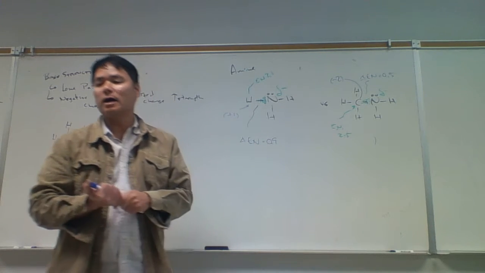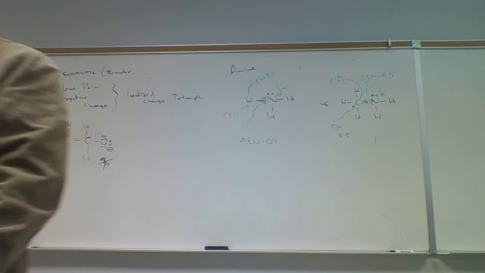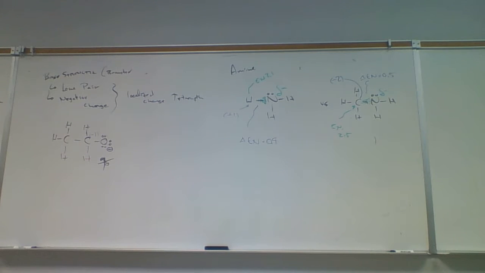To calculate delta EN, anybody can do that. You just teach somebody how to read the table, look it up and subtract the numbers. To calculate the oxidation state, anybody could do that, once you learn the rules. The hard part is interpreting the numbers. Not everybody can interpret the numbers. How do you interpret them?